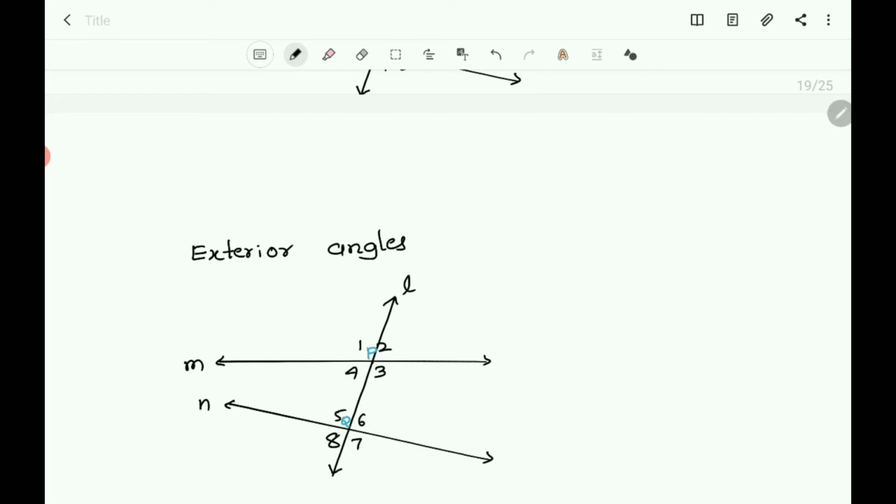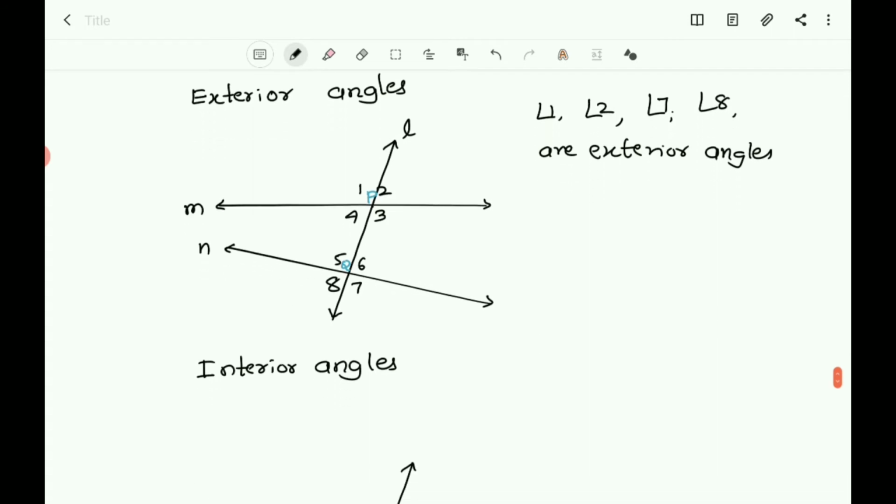Here L is a transversal, intersecting the lines M and N at P and Q. The exterior angles are the angles which are outside the lines M and N. Here angle 1, angle 2, angle 7 and angle 8 are the exterior angles because they are outside the lines M and N.